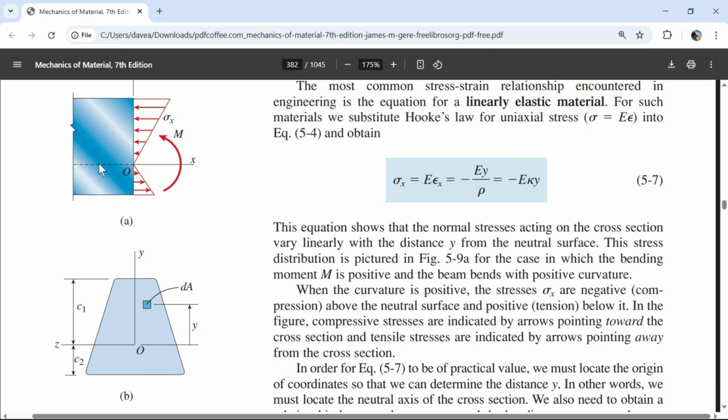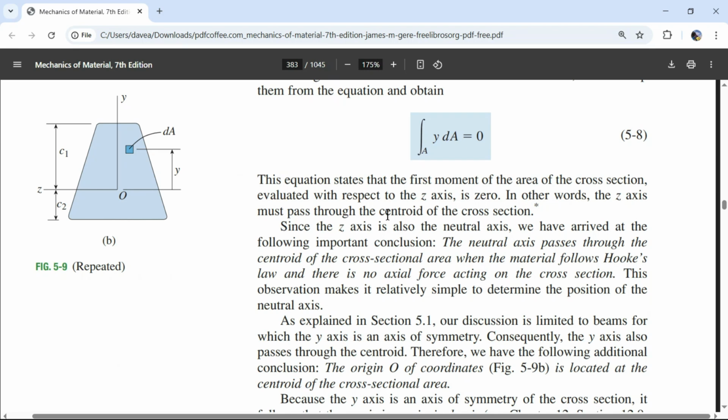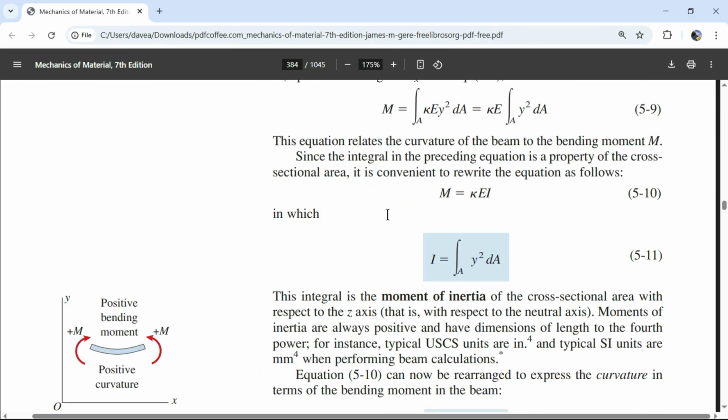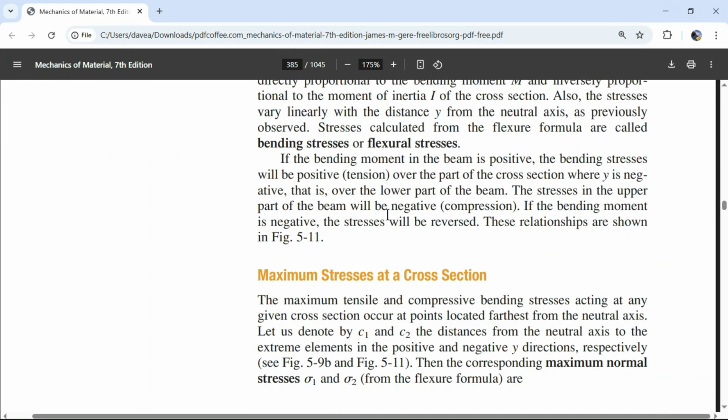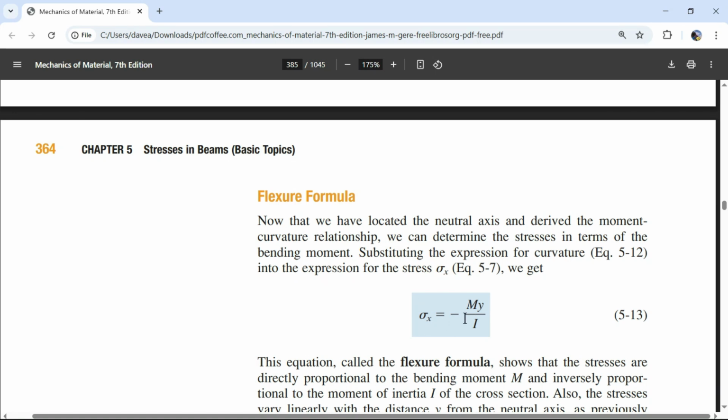Some of the forces are zero. That gives you the neutral axis. To the moment equation, that gives you the equation that we're shooting for, which is the stress is equal to the moment acting on it times the distance from that neutral axis divided by the shape of the I-beam. And so that's the stress at any value of y.